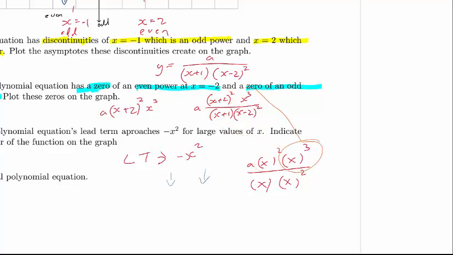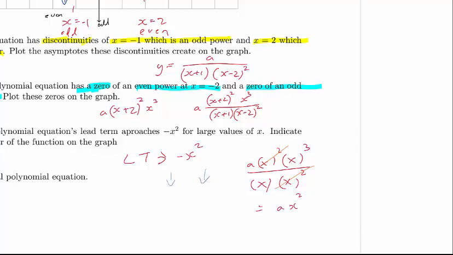This x cubed term comes from that guy there. These two terms are linked this way, and where does the x squared term come from? It comes from that guy right there. All right, so let's go ahead and simplify this. We have an x squared and x squared right off the top, and so this becomes a times x cubed over x, which is simply a x squared.